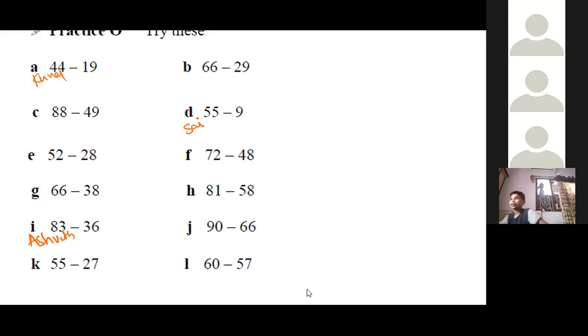A, Kunal is writing, right? Already given. Again Suvidha is typing A. E, Srishti. D, Sai Karthikeya.